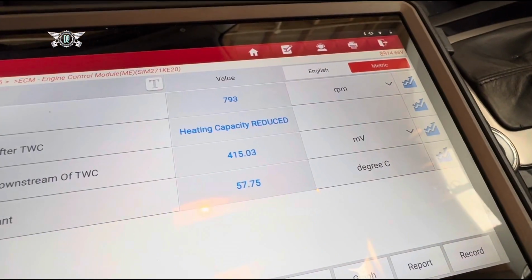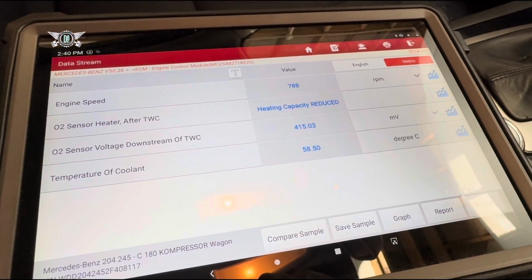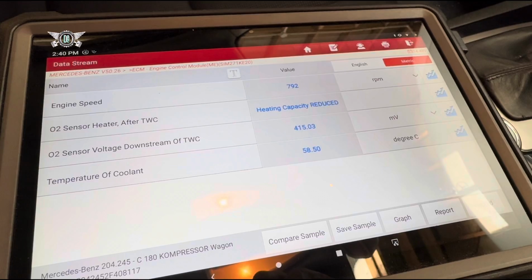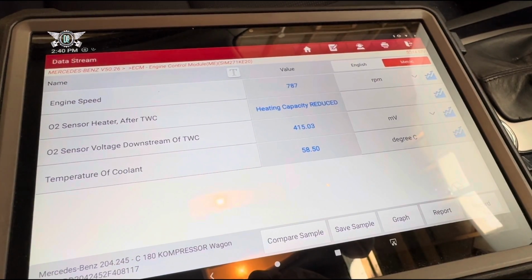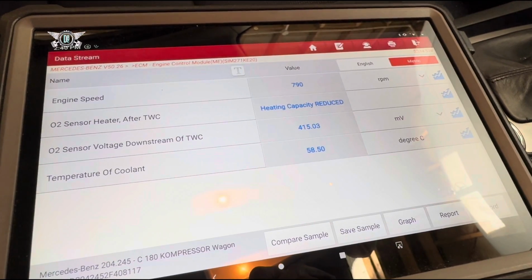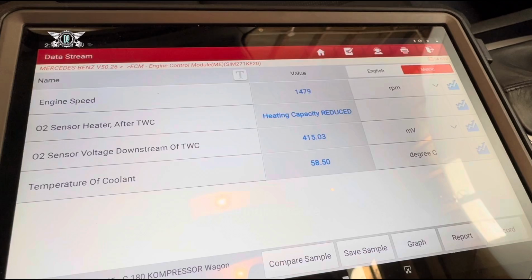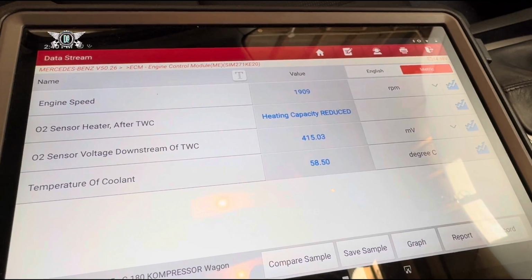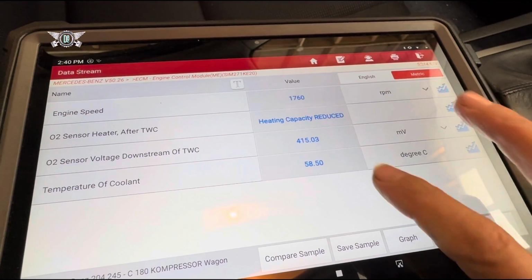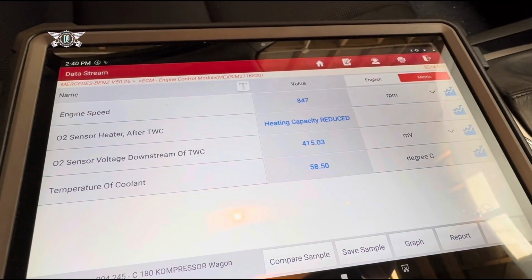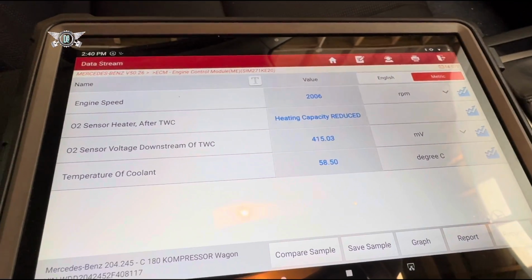Normally this sensor is supposed to fluctuate, as far as I'm aware, from 0.2 or so up to 1 volt. What I've noticed is that when you rev the engine and let it idle, it fluctuates a very small amount. It doesn't have much movement.